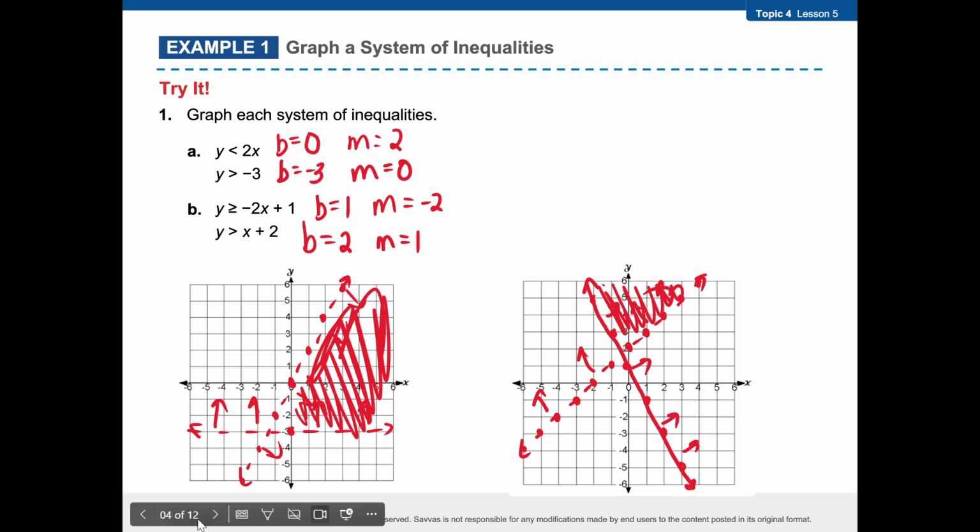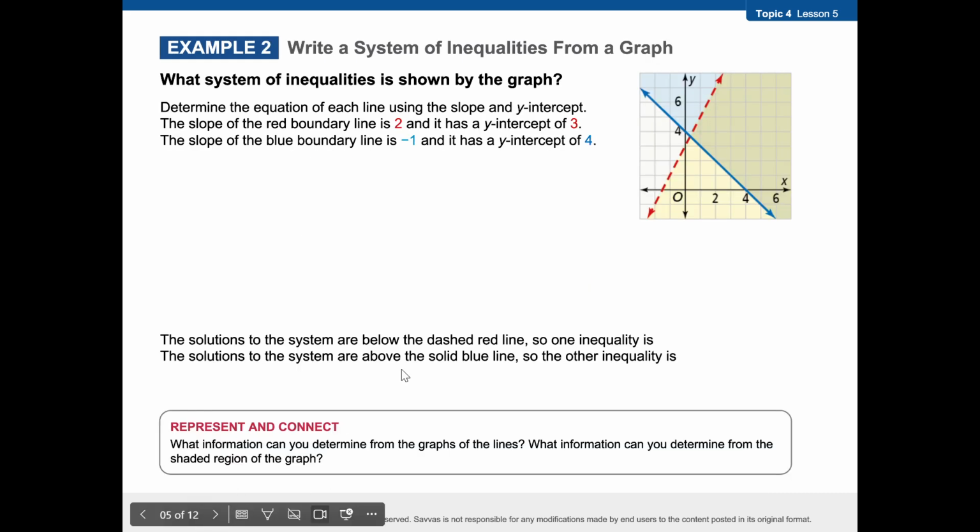Next is the reverse. They're going to give us the graph and we have to come up with the inequality. The slope of the red boundary line is 2, and it has a y-intercept of 3. So it starts at 3 and then goes up 2 to the right 1.